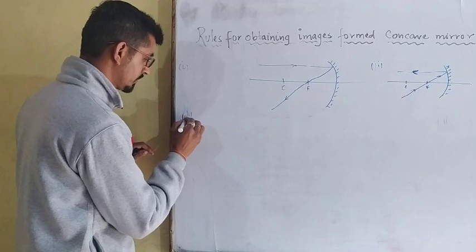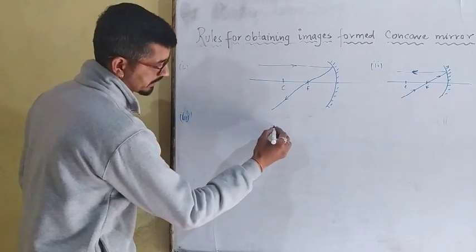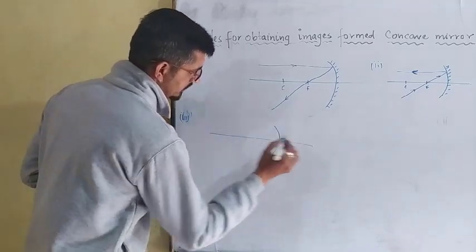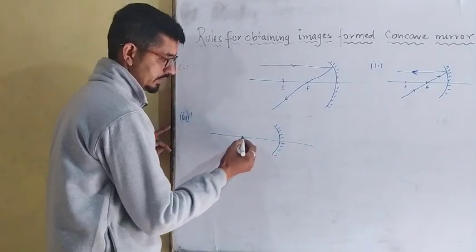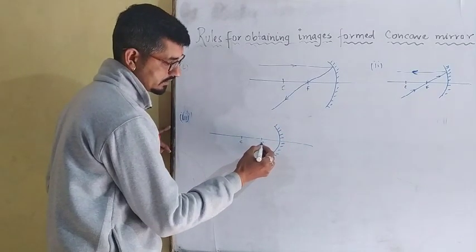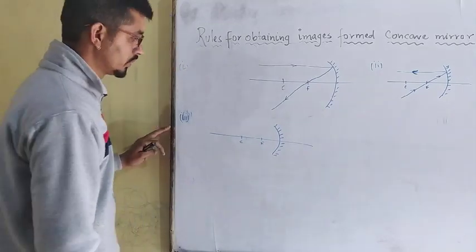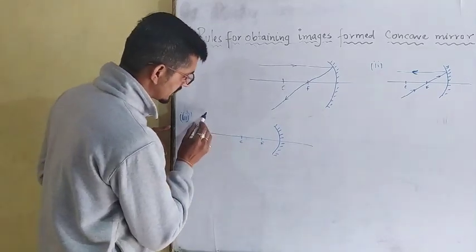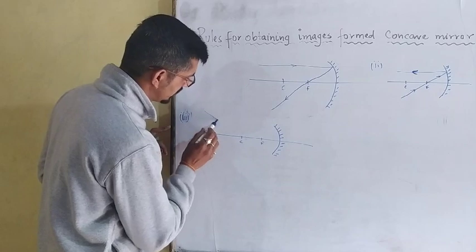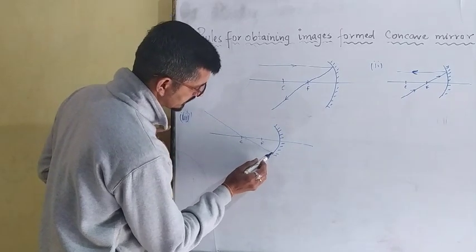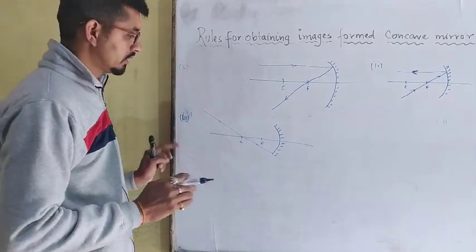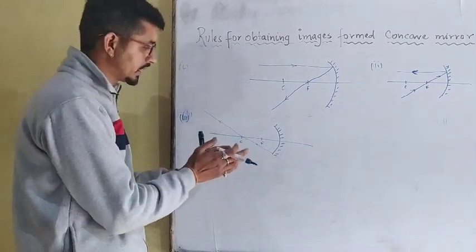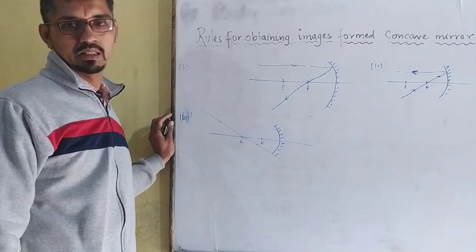Third one, this is the reflecting surface of the concave mirror, this is the center of curvature, this is the focus. Okay, the rule is, if a light ray passes through the center of curvature, after reflection, it passes through the center of curvature itself.